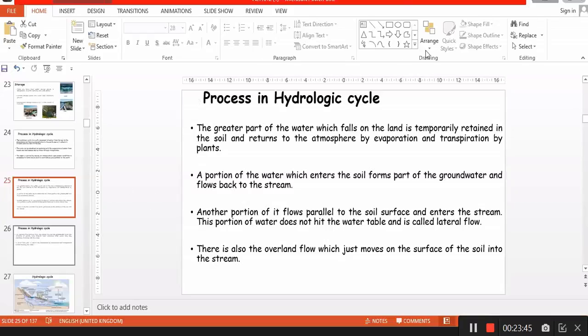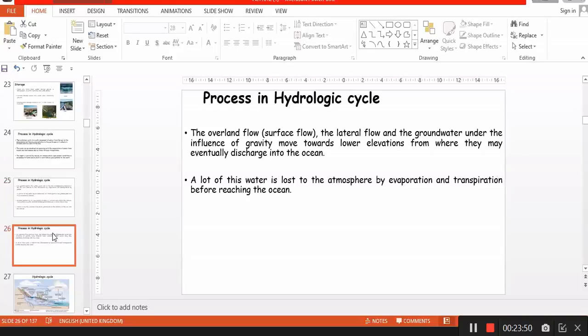So we will just have a look at it. The overland flow, I have already discussed. This is, of course, the lateral flow. We can see groundwater under the influence of gravity move towards lower elevations from where it may eventually discharge into the ocean. If you have a slope, there is a possibility of groundwater movement along this slope, basically due to gravity.